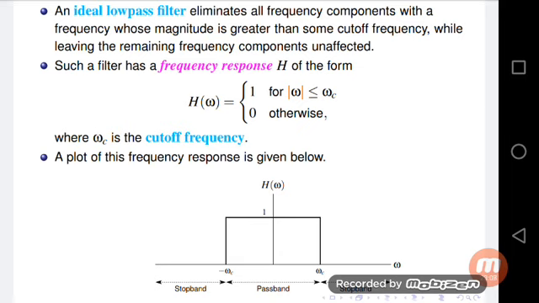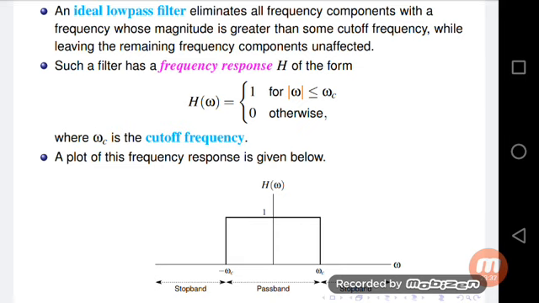Here we are observing there are three regions: stop band, pass band, stop band. Already in previous classes we learned about stop band and pass band.